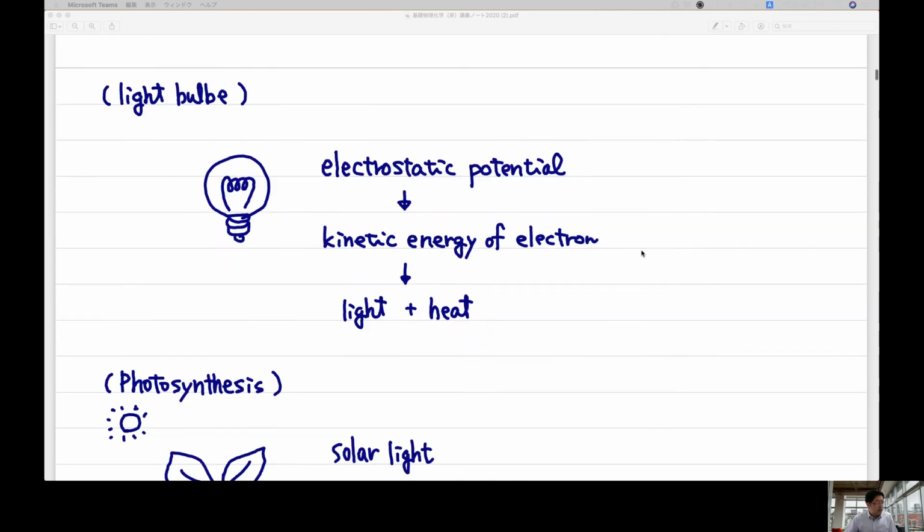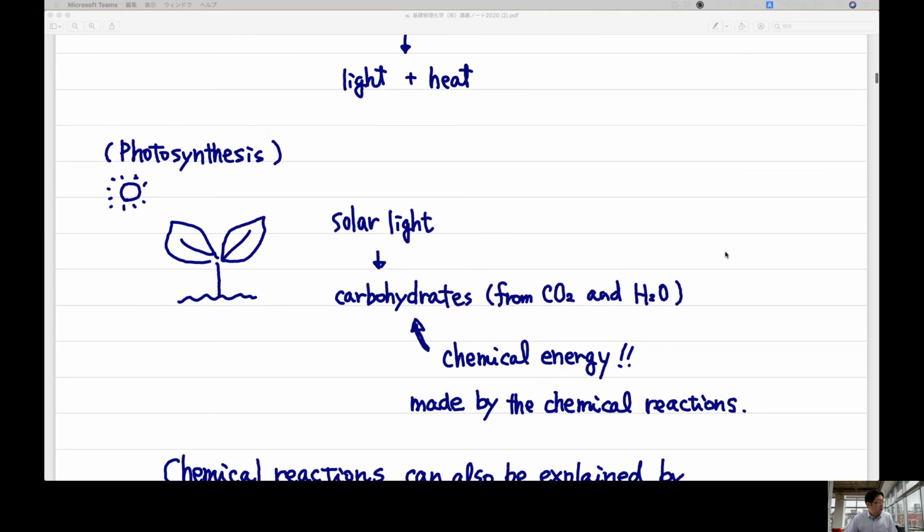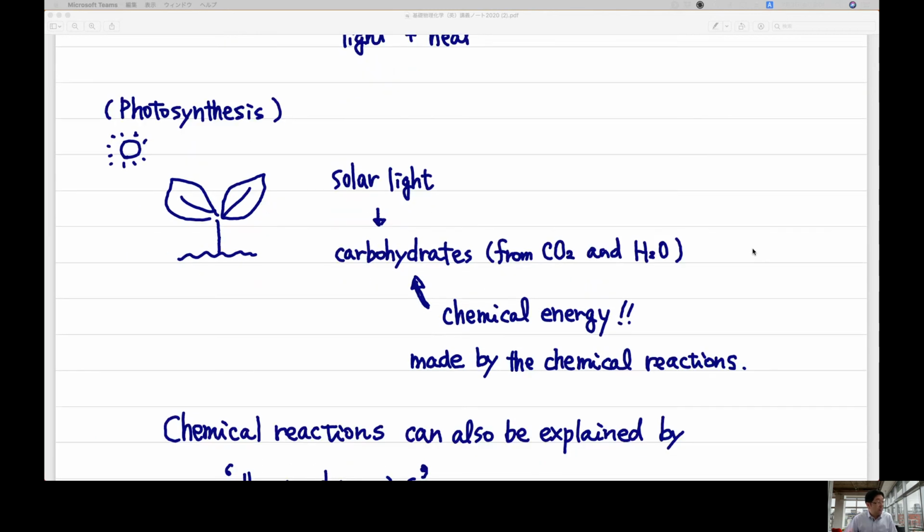And as I described before, photosynthesis is one of the very important examples of the energy conservation law. Solar light is transformed to carbohydrates from carbon dioxide and water in the leaves, okay?